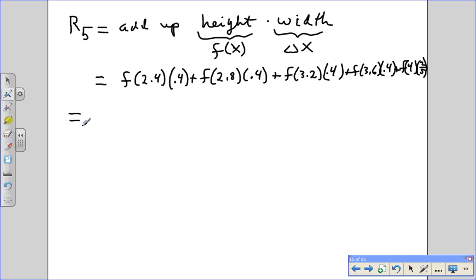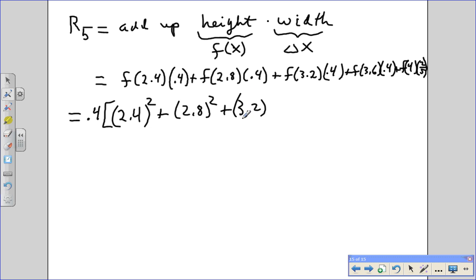And don't forget your function is x squared. So I'm going to factor out the 0.4. And so you get 2.4 squared plus 2.8 squared plus 3.2 squared plus 3.6 squared plus 4 squared.